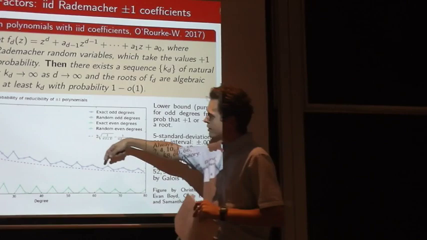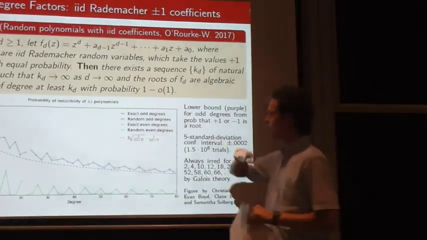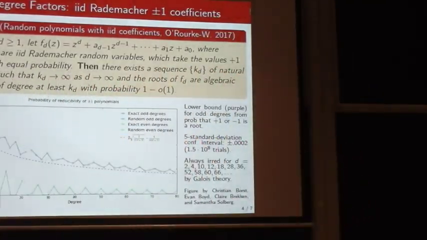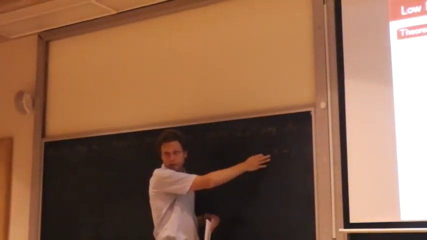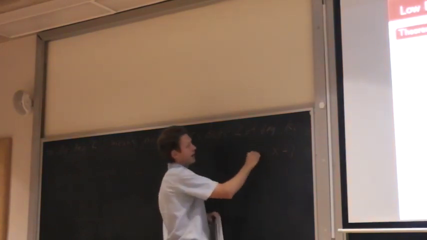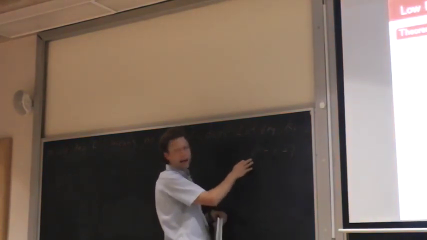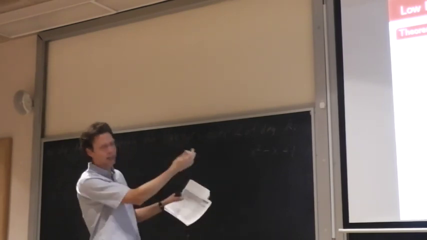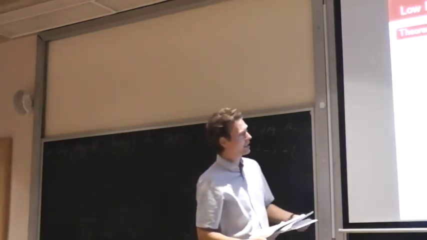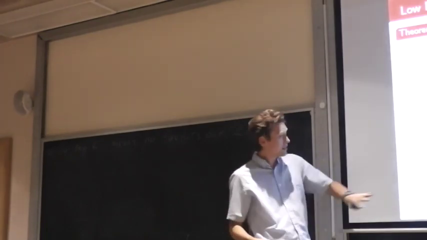The blue dots correspond to cases where the degree is odd. So if you think of a good odd degree case like x plus 1, this can have minus 1 as a root. But this cannot have plus or minus 1 as a root because it's a sum of an odd number of terms. So the even degree cases have this feature.